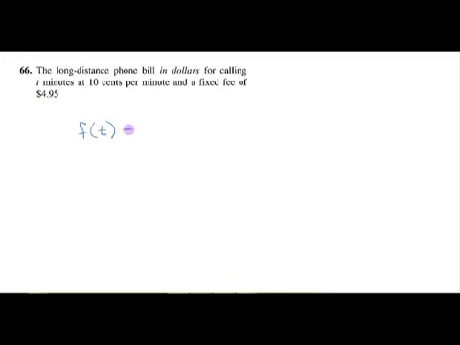F of t equals, it's 10 cents per minute and a fixed fee of $4.95. Now the common error is to write 10t plus $4.95. But this is in dollars, and you're saying that we have $10 per minute. We want 10 cents per minute, so we need to put a decimal there.